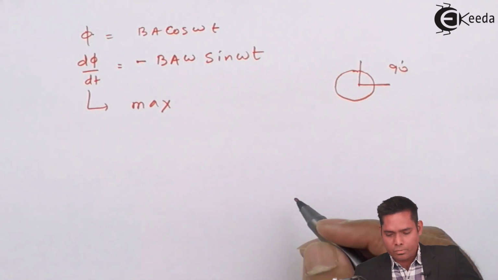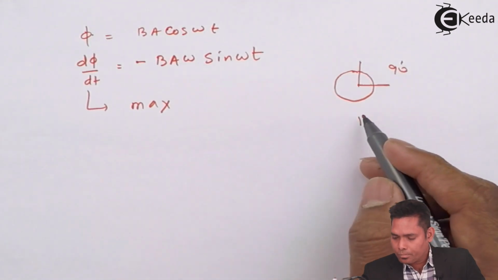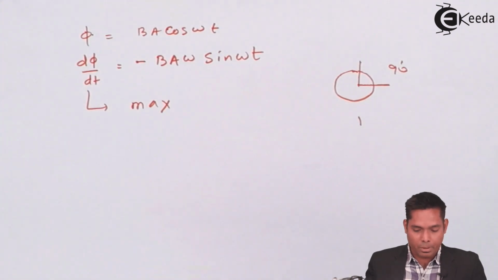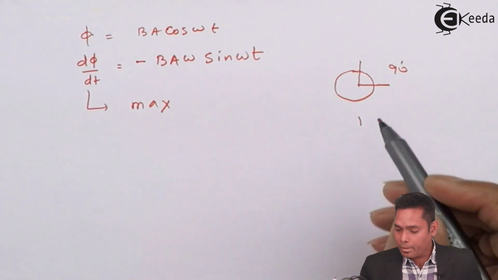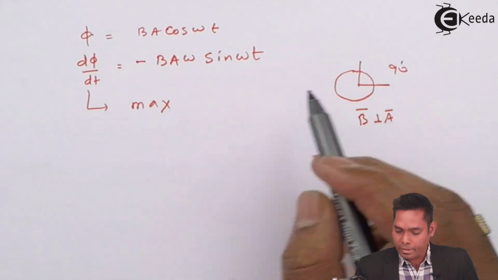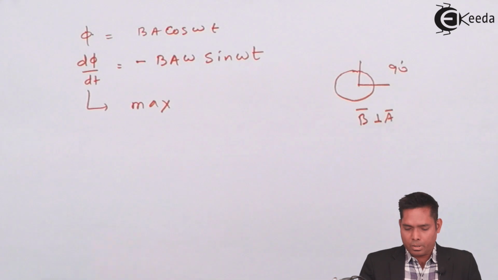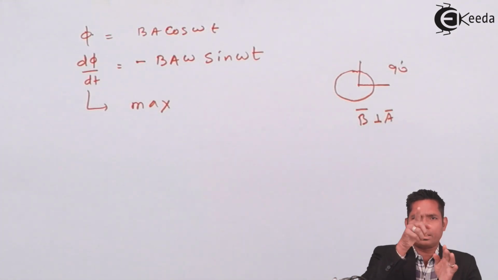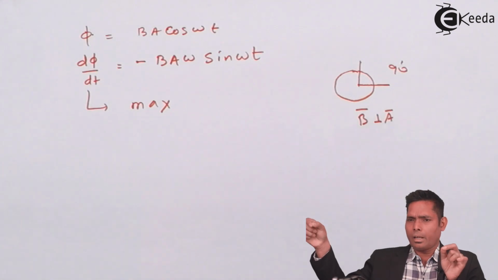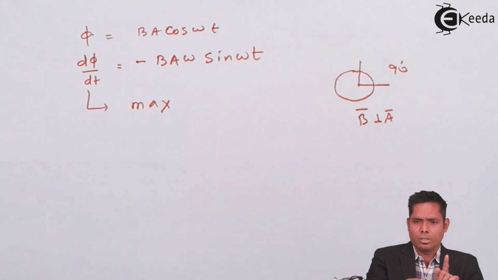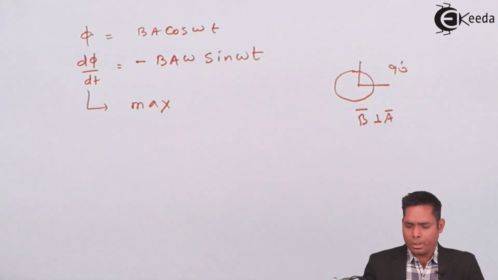Whether it is true or false: if B and A are perpendicular, then it will be maximum, because if the loop is like this, the area vector is this way and the magnetic field is this way, so it is perpendicular.